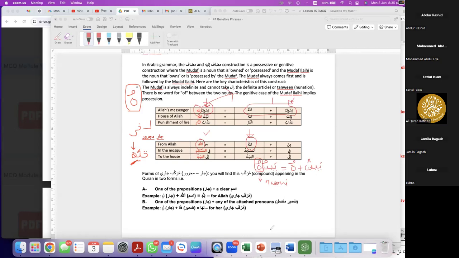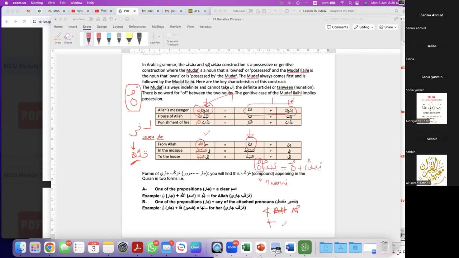And that lesson, everyone who is not sure now, go back to the lesson on attached pronouns. There are 4 harf jar, 4 attached pronouns, and 4 harful jar.